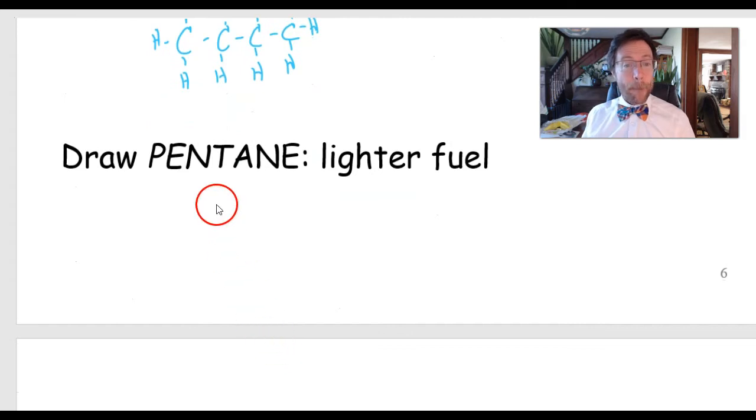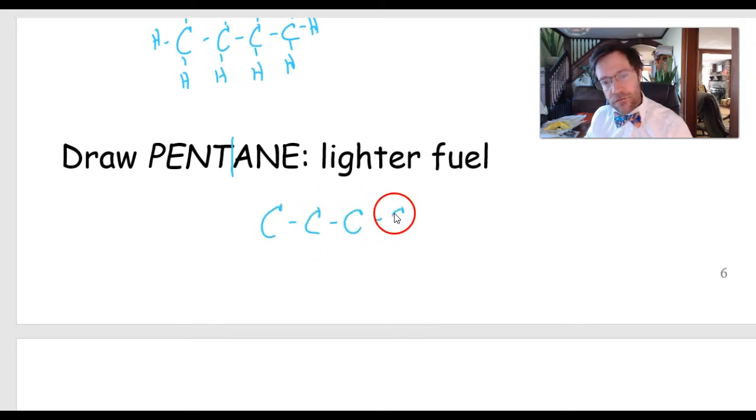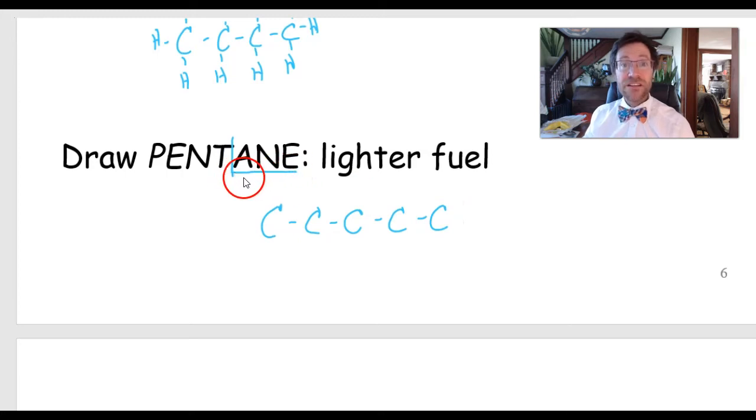Next one, pentane. Pent, meth, eth, prop, bute, pent. Or you go up on the table and you look at it and there's 5. So 1, 2, 3, 4, 5. All right, ending in ane. That means it's all hydrogens.